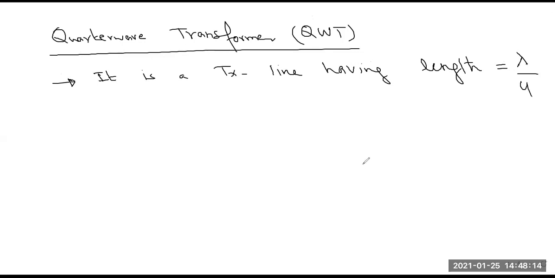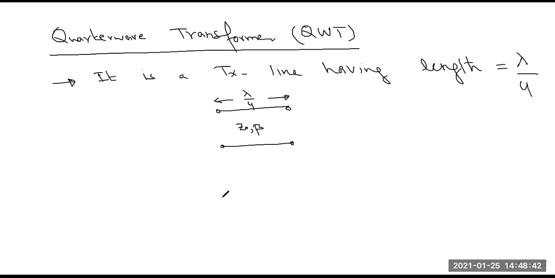And because of that reason इसको हम quarter wave कह रहे हैं because the length is quarter of a wavelength. So अगर मैं इसको फिगर बनाऊं तो ट्रांसमिशन लाइन, इसकी लेंथ लैम्डा बाय 4 हो इसको हम क्वार्टर वेव ट्रांसफार्मर कहते हैं.